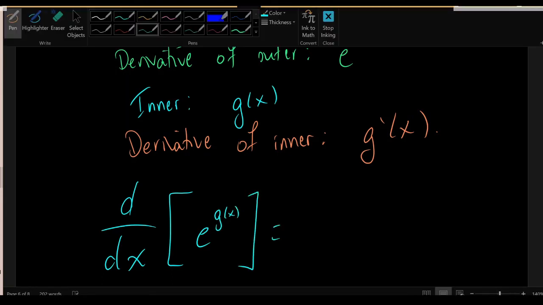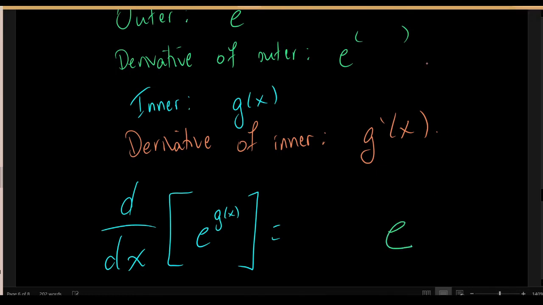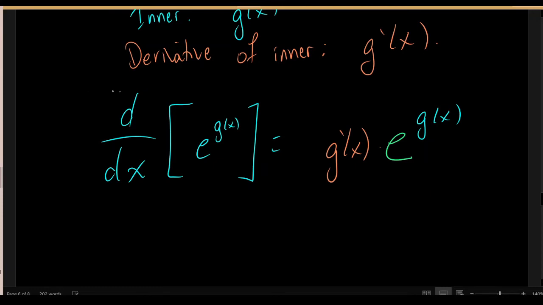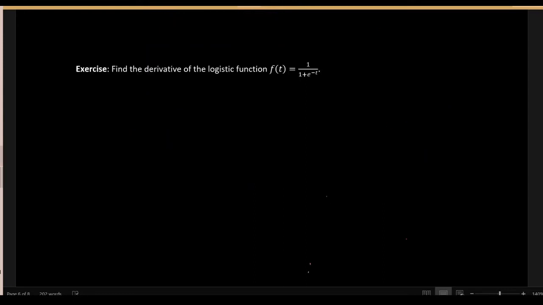This would be equal to e to the power g of x. That much hasn't changed. It's just that now that is being multiplied by g prime. So I think it can save some time if you get this in your mind, that the derivative of e to some function is basically just the same thing that you had before, except that you multiply by the derivative of the exponent. To show you a situation where that can save time, let's consider the following exercise.